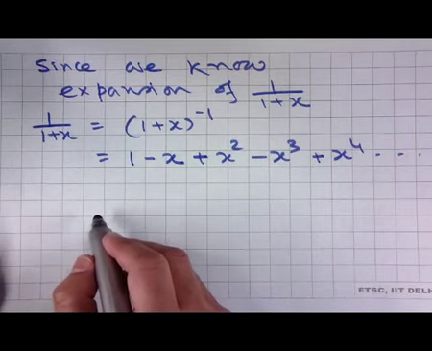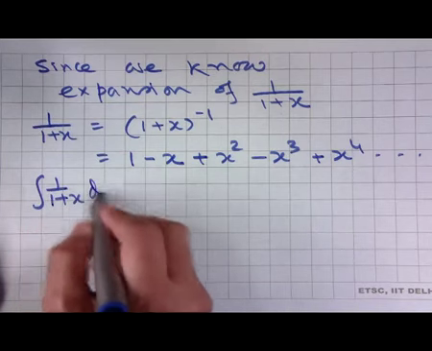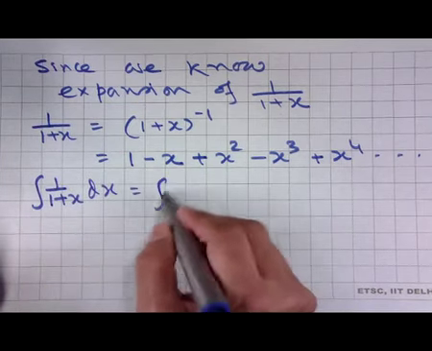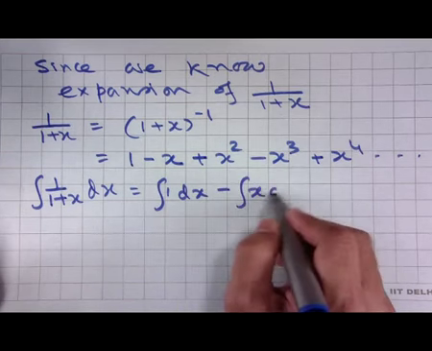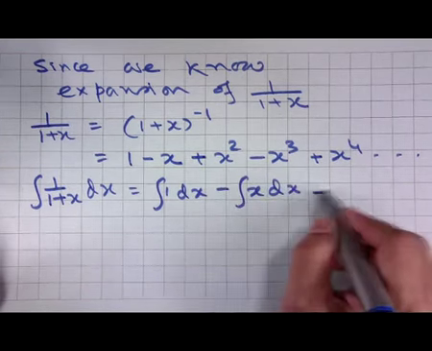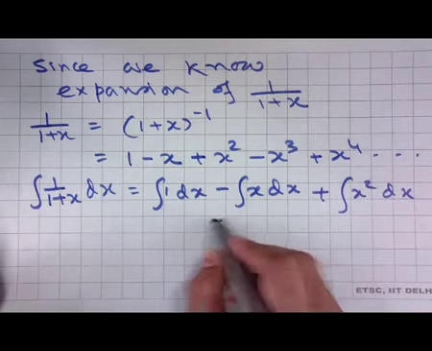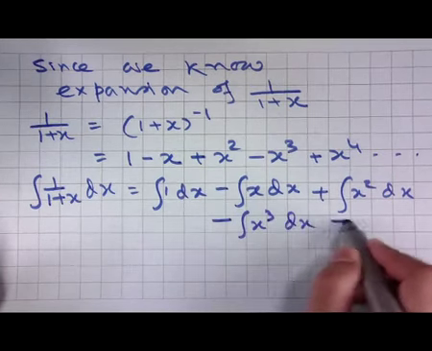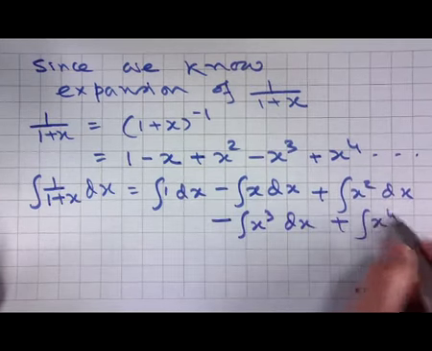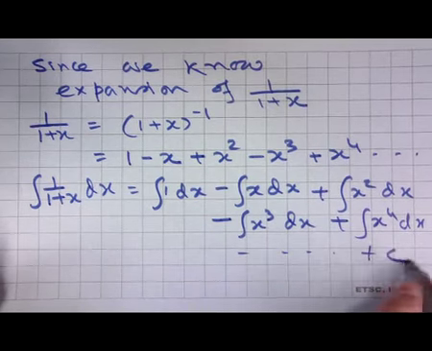Therefore, by integrating both sides, we get integral of 1 dx minus x dx plus x square dx minus x cube dx plus x to the power 4 dx plus c.